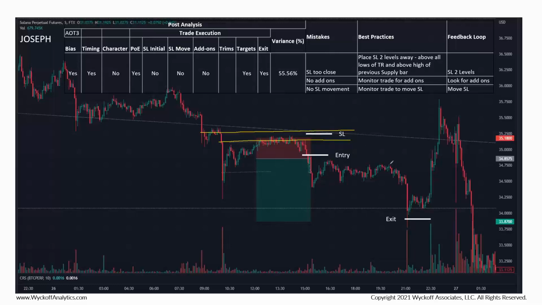I think this is really good tape reading on Joseph's part, because his entry is occurring right in this area of weakness, where we can see a loss of momentum and the beginning of a breakdown back to the area of the initial selling climax. So what do you think, Roman?